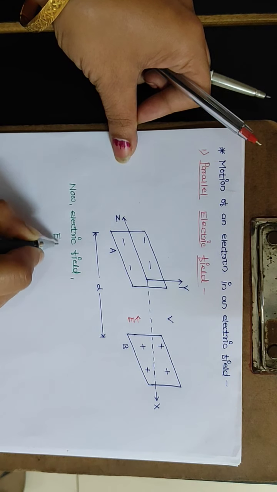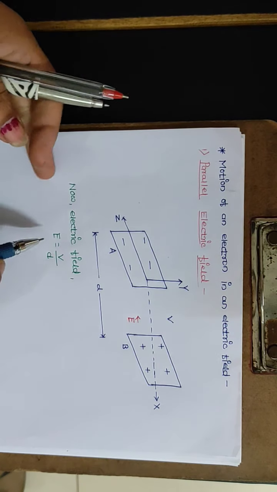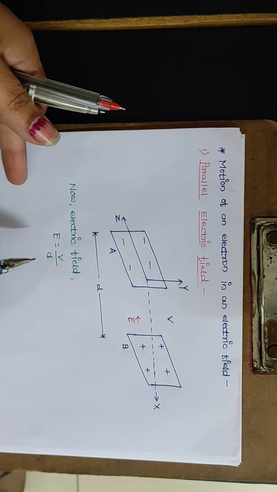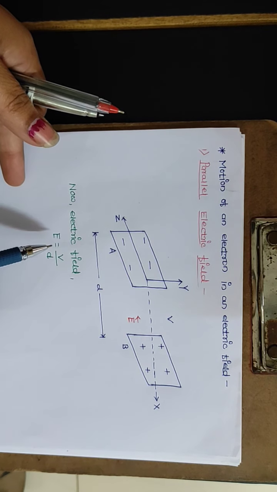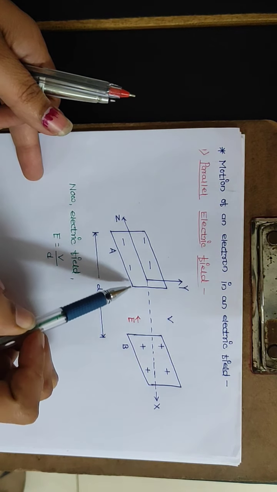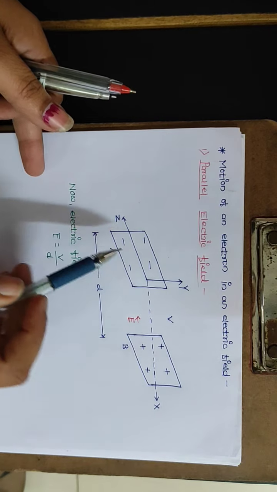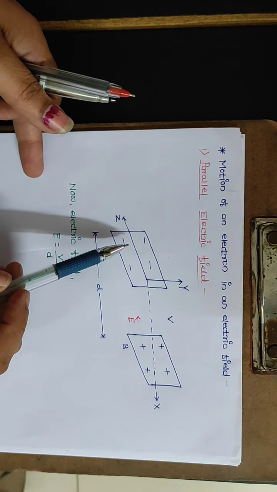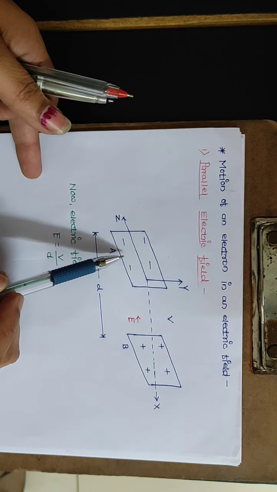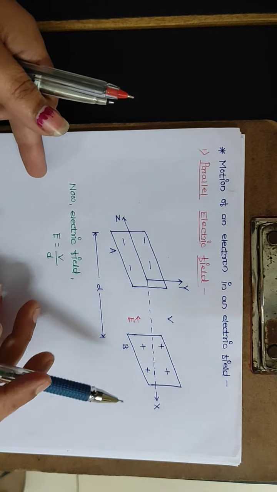We can write E is equal to V by d. This is a uniform electric field, and due to this electric field a force is exerted on a free moving electron placed on plate A. Under the effect of this force, the electron moves towards plate B.